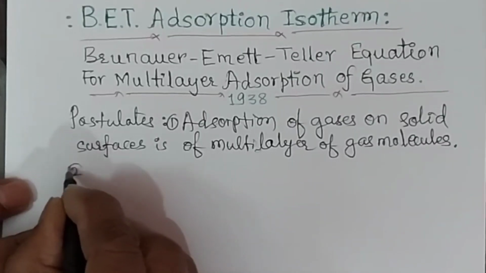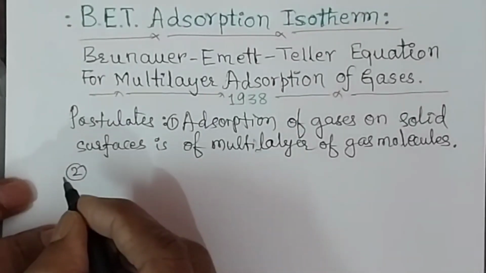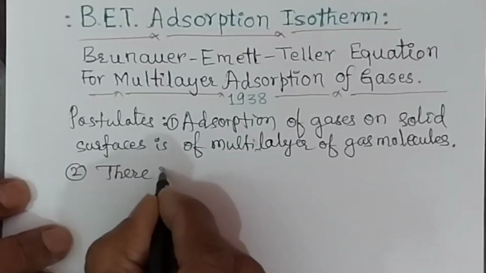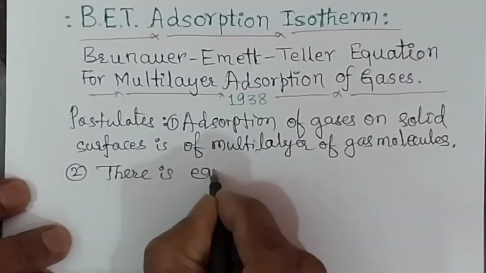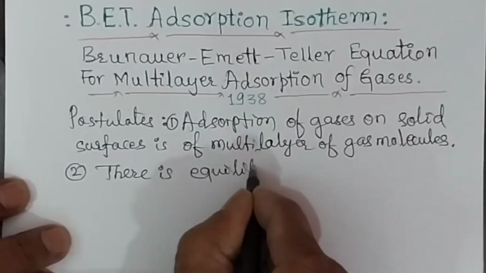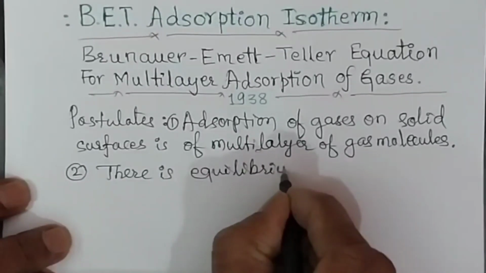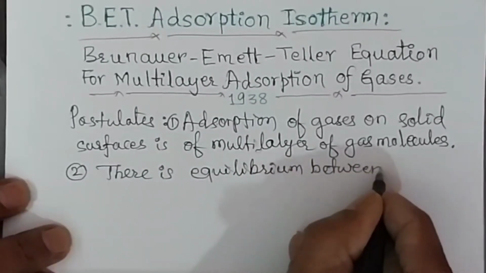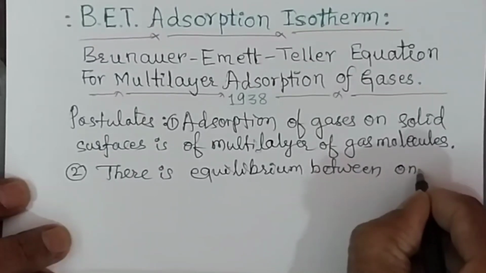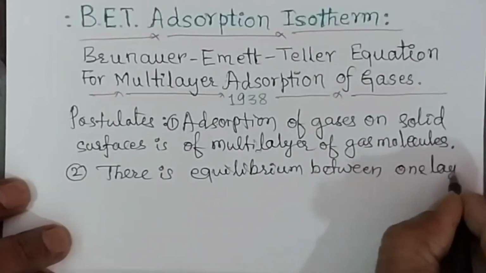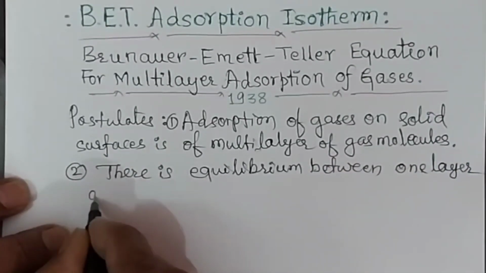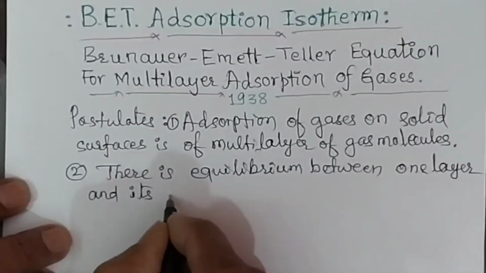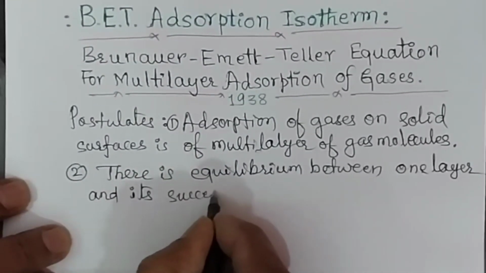Then second one, there is equilibrium between one layer and its successive layer.